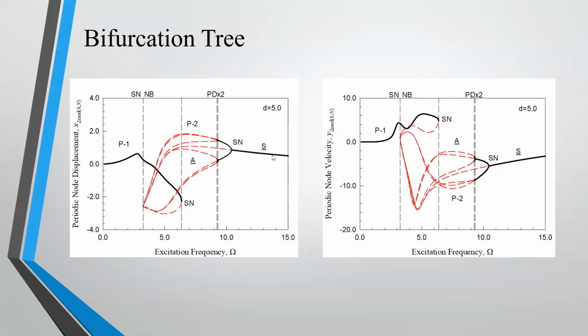There is a stable symmetric P1 motion to asymmetric P1 motions, then to asymmetric P2 motions. There are also asymmetric P4 motions in this way. And later, through period doubling, there are also P2 to P4 motions, and later P4 to P8 motions. This is for the velocity case, which has the same bifurcation conditions as the displacement.